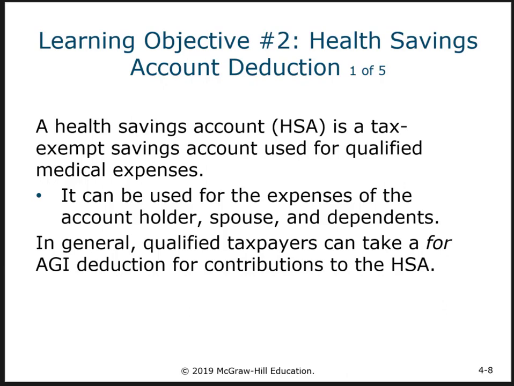So you have your dependents. Again, remember we talked about how dependents are important. This is another situation where you can take money out for a dependent, but not for someone who doesn't qualify as a dependent. The easy thing is if you make your contributions to the HSA, you just put it into the account, then you would put it on your Schedule 1 of Form 1040 as a for AGI deduction.